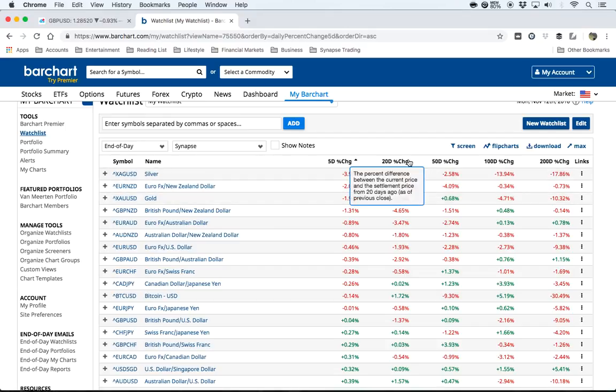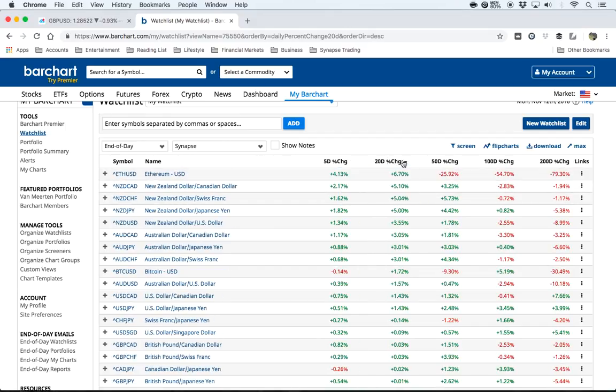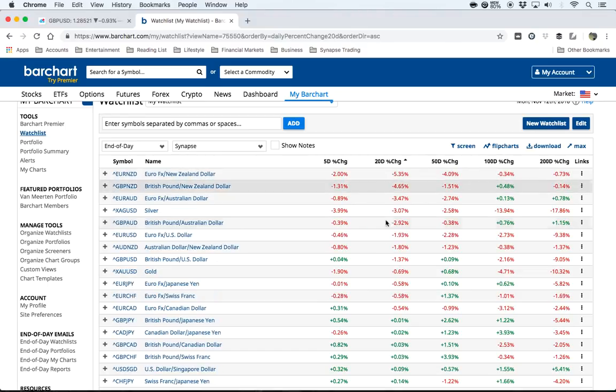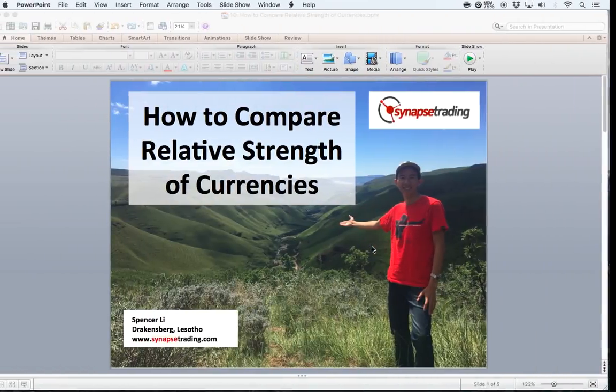If I want to look over the past 20 days, I can also sort it based on the past 20 days. So this is another simple way to see which pairs have moved a lot and which have not, which are the most bullish and which are the most bearish. However, this is more of just studying the historical trends, because it doesn't really tell you what is the best current setup. For that, it's still better to refer to the charts.